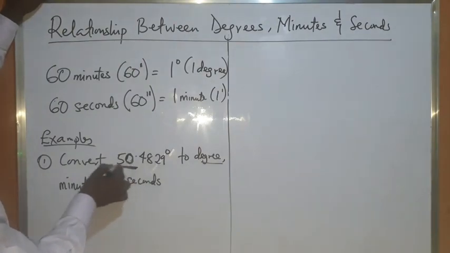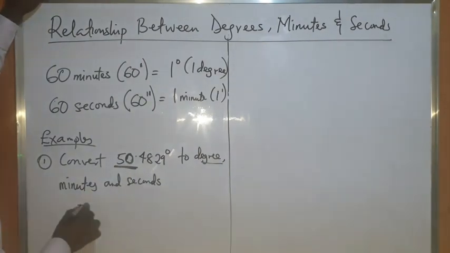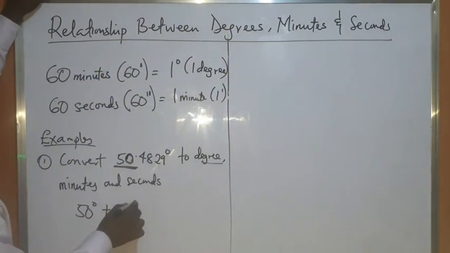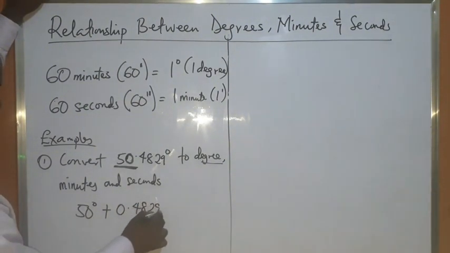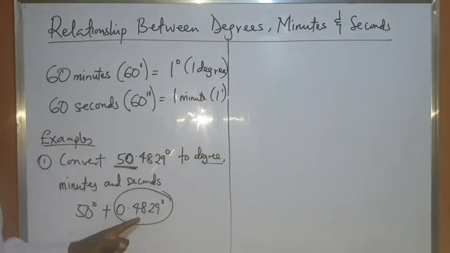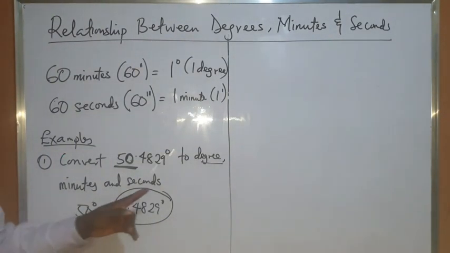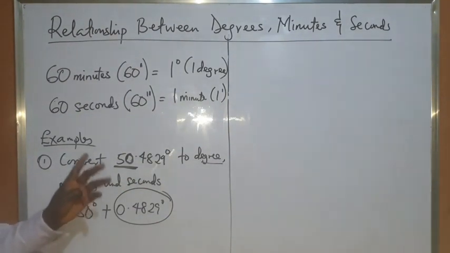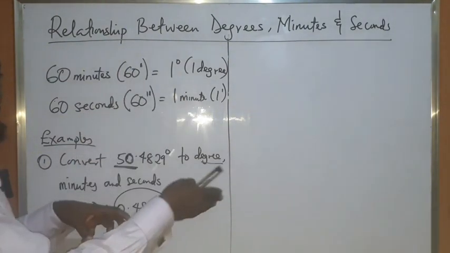So this is 50 degrees plus 0.4829 degrees. This 0.4829 degrees we are going to change to minutes. If we still have a decimal, we change that decimal to seconds.